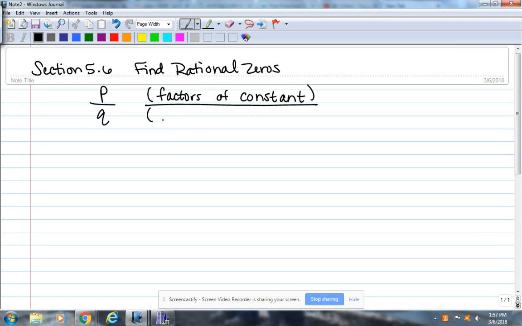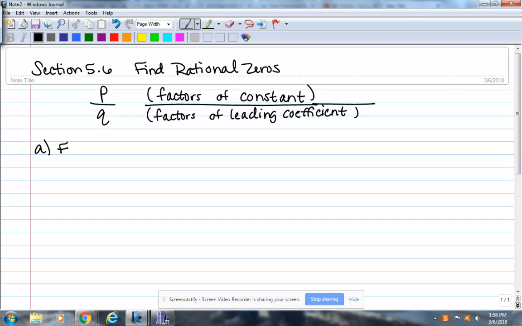And Q are the factors of the leading coefficient. So, this makes more sense when we have a polynomial to look at.